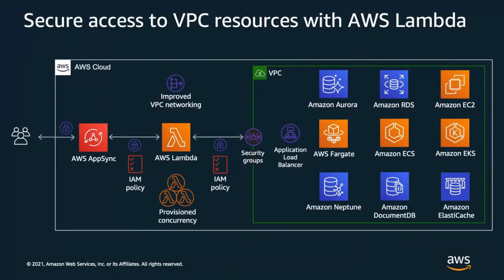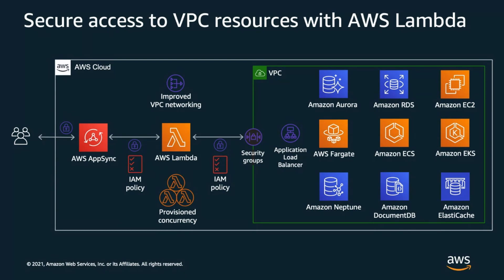And if I'm using an AWS Lambda function as a data source, I can also securely access any VPC resource I may have in my account. So for example, I may want to use a Lambda function to query a relational database running on Amazon RDS or Amazon Aurora.